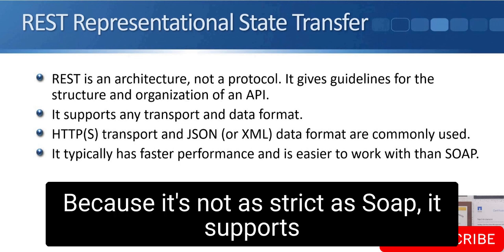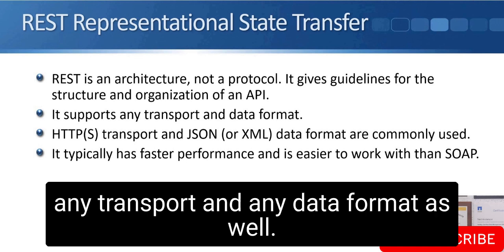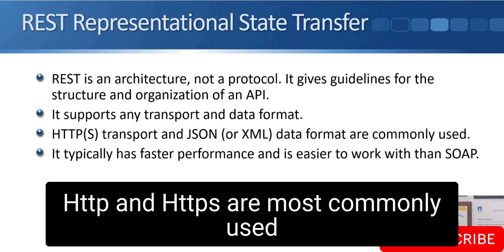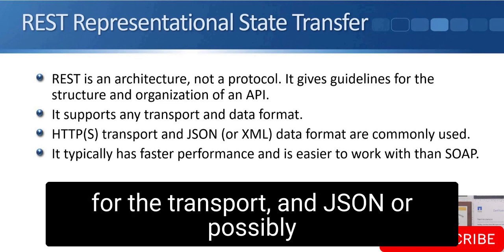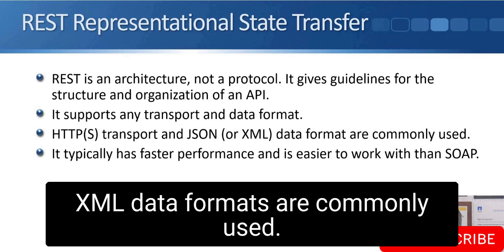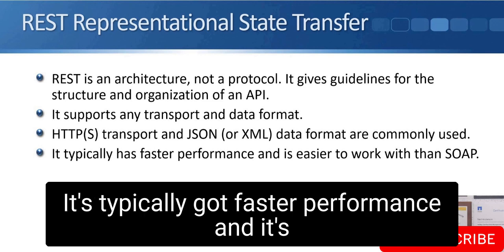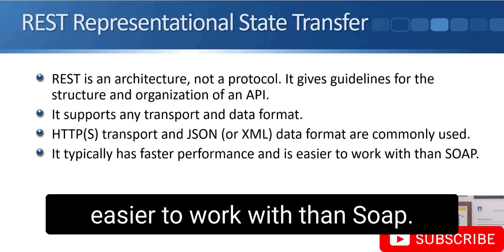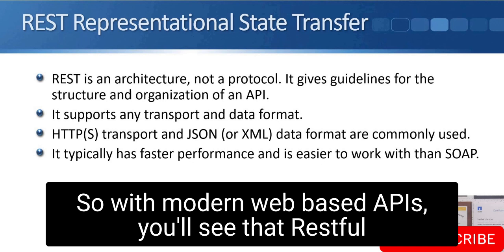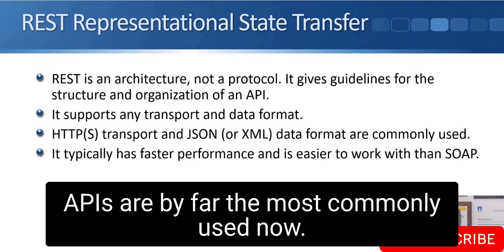Because it's not as strict as SOAP, it supports any transport and any data format as well. HTTP and HTTPS are most commonly used for the transport, and JSON or possibly XML data formats are commonly used. It's typically got faster performance and it's easier to work with than SOAP. So with modern web-based APIs, you'll see that RESTful APIs are by far the most commonly used now.